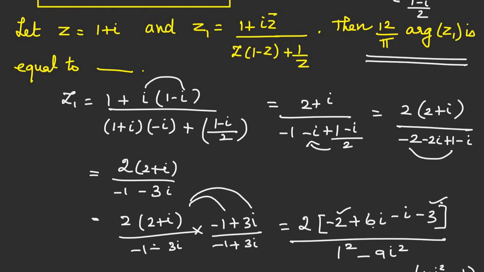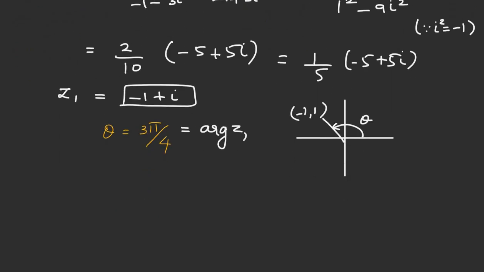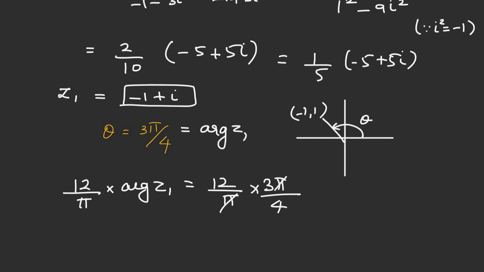Now the question is 12 by pi into the argument of z1. So 12 by pi into the argument of z1 will be equal to 12 by pi into 3 pi by 4. Now this gives us 9. So the answer is 9.